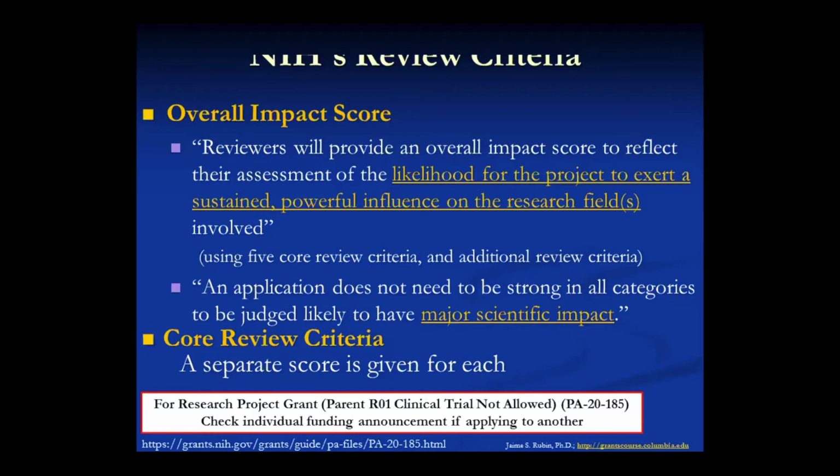Reviewers are to provide an overall impact score to reflect their assessment of the likelihood for the project to exert a sustained and powerful influence on the field. I will say that though they give sub-impact scores, if you will, for the core review criteria that I'm going to discuss, their overall impact score is not necessarily an average of the sub-impact scores. They might give different emphasis to different components.